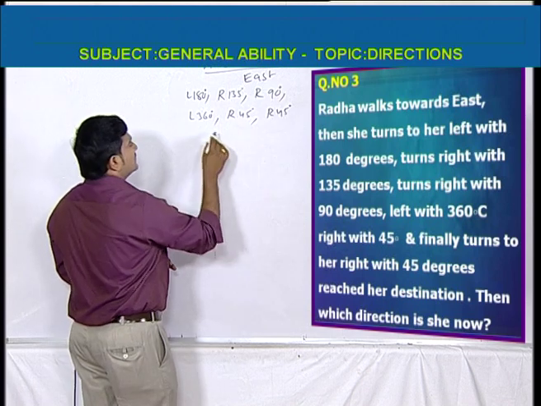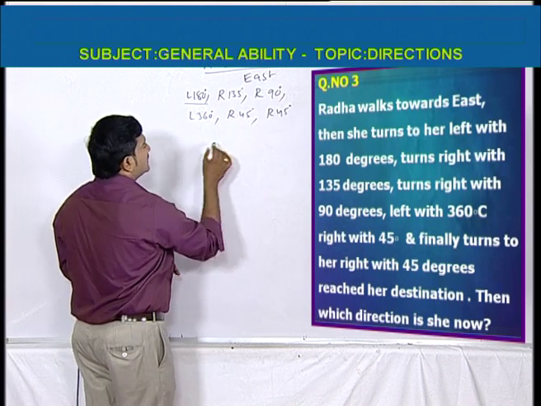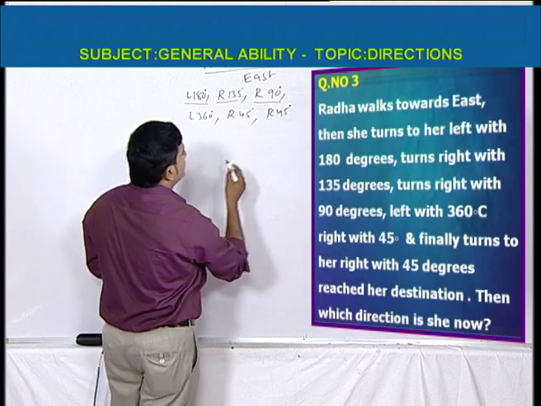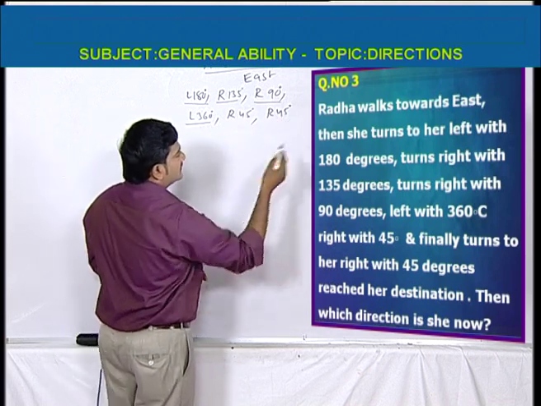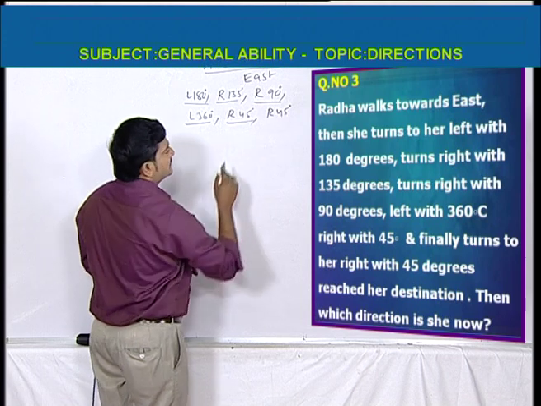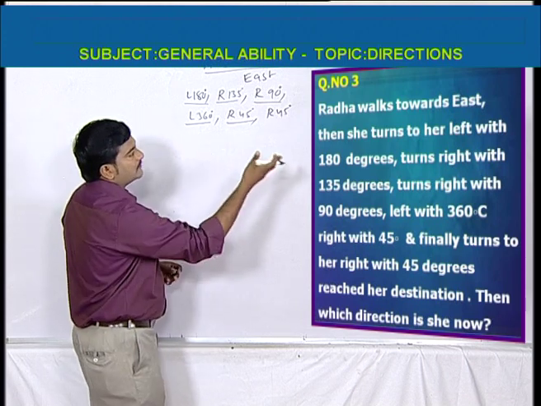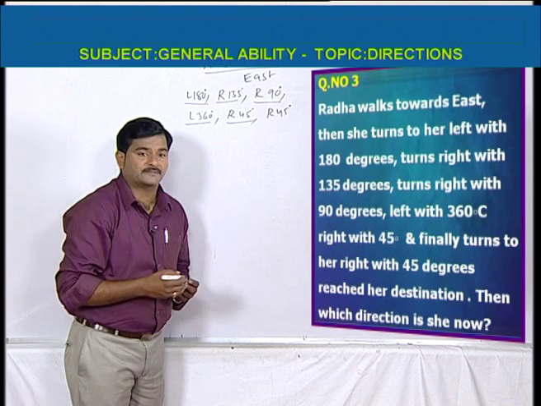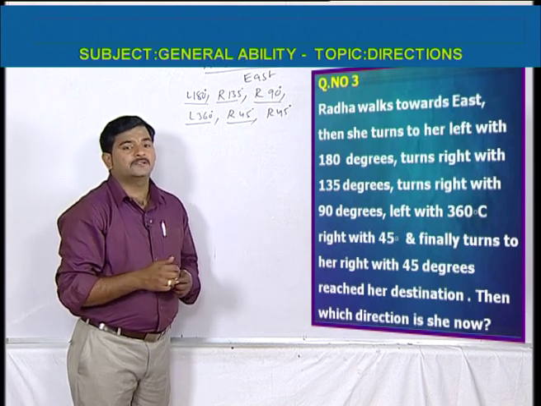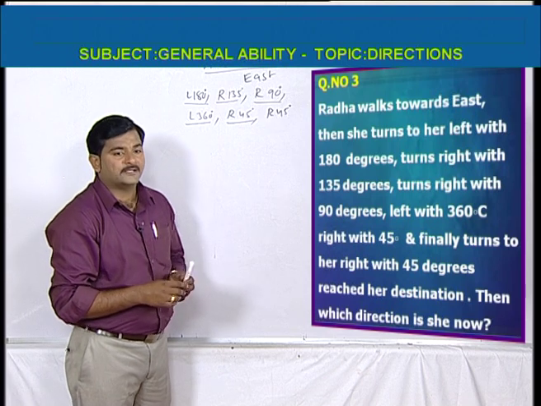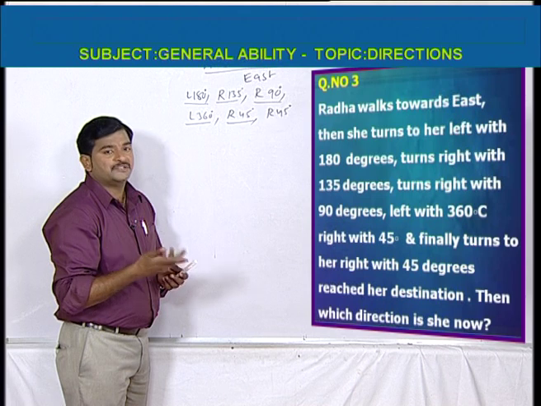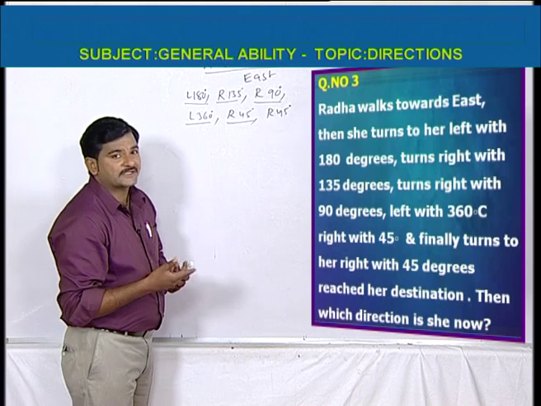Then first she turns left with 180 degrees, again right with 135 degrees, again right with 90 degrees, and left with 360 degrees, and right with 45 degrees. Finally turns right with 45 degrees and reached her destination. So in which direction is she facing now?